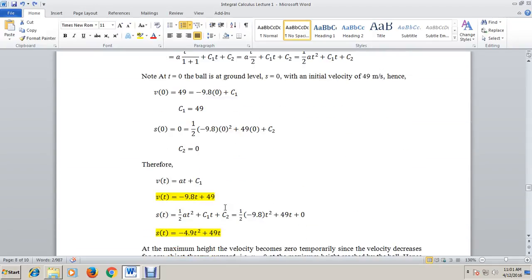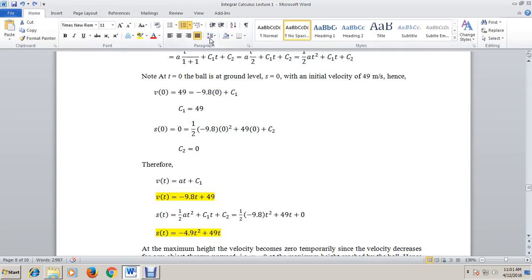So at time t equals 0, the ball is at ground level, at position 0. The initial velocity at the initial position at the initial time is equal to 49 meters per second.